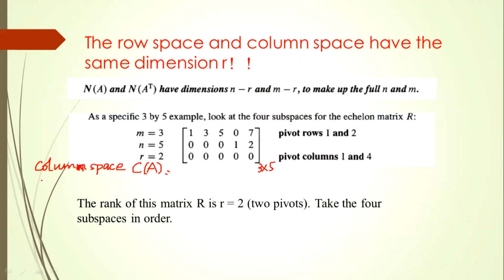So those two columns are independent. 1, 0, 0 and 0, 1, 0 are independent columns, right? Those two are independent columns.